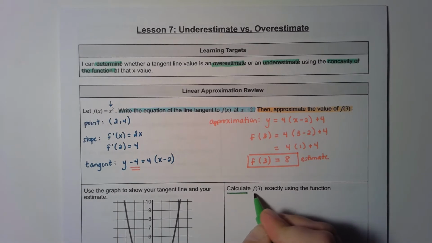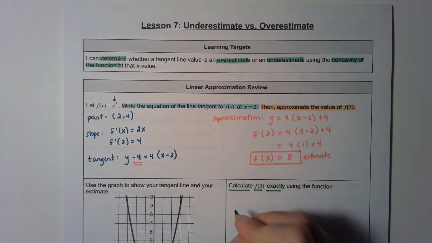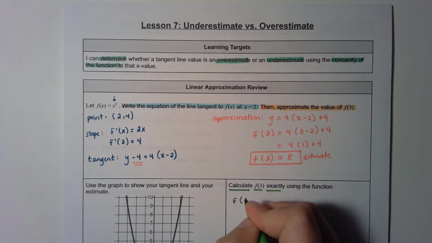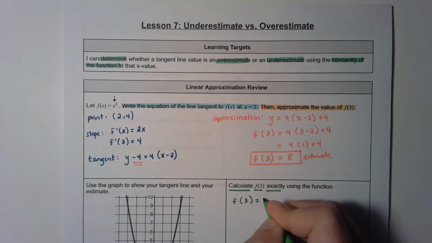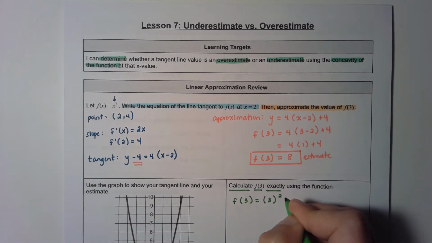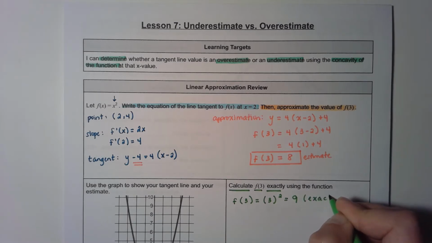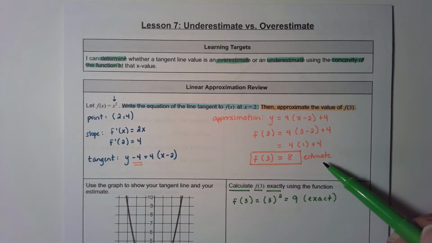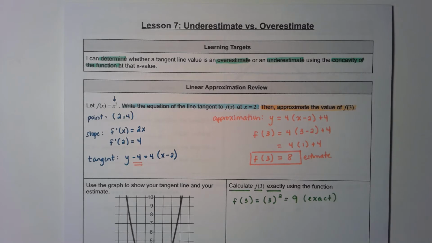So if we wanted to calculate f of 3 exactly using the function, all we would have to do is plug the number 3 into our original function, which is x squared. So we would have 3 squared, which is 9. What you'll notice is that our estimated value was below or under our exact value. So in other words, this is an underestimate.